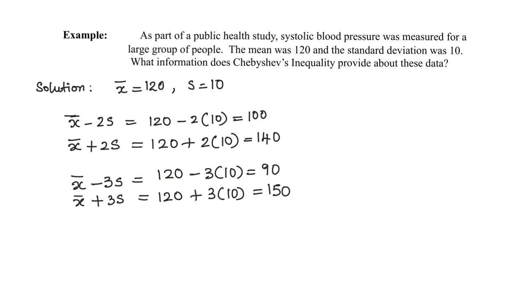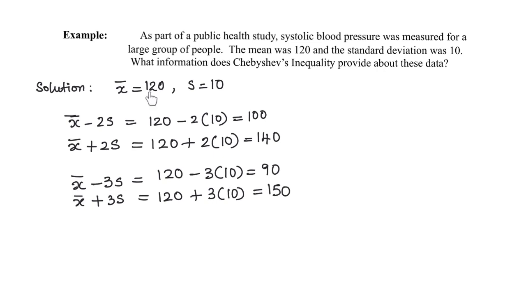So, 2 standard deviations from the mean means you need to add or subtract 2 times the standard deviation from the mean. Then 3 standard deviations from the mean means you need to add or subtract 3 standard deviations from the mean.